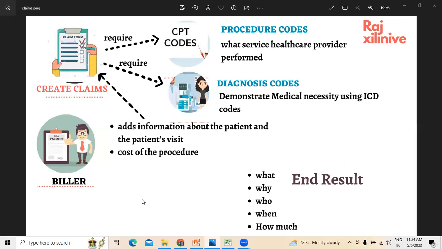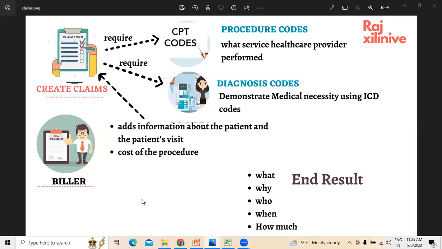The major reason behind preparing this is to know what exactly the claims are that we are going to do, why we are preparing these claims, and who is going to prepare them. Usually, the initial coding is done by the biller, whenever the treatment has been completed for the particular patient.